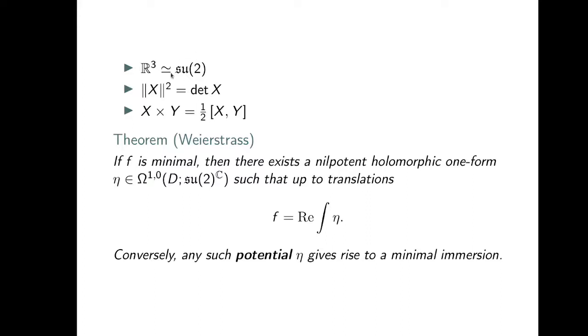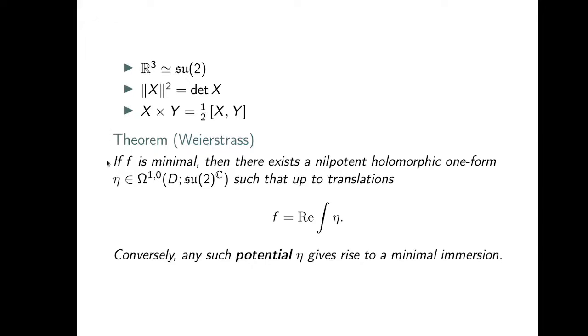Even if the matrices are complex, this is a three-dimensional vector space. Now you can go one step further and identify the Euclidean quadratic form by taking the determinant of the matrix in SU2. And you can even go one step further and encode the vector product in R3 with matrices in SU2 using this formula. With this identification, SU2 is really the three-dimensional Euclidean space.